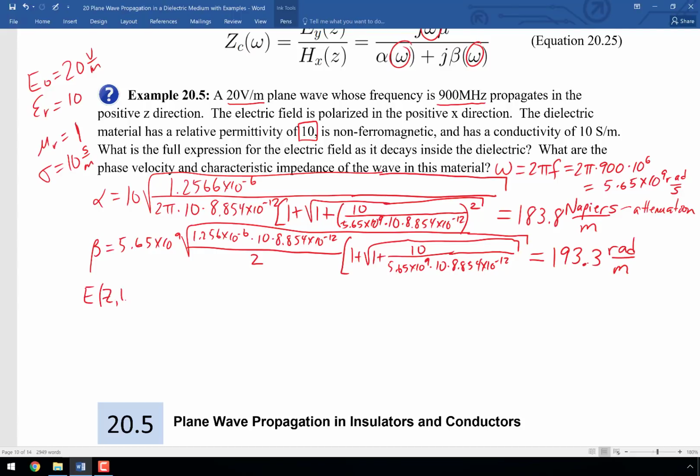E of z comma t is equal to, and the amplitude was 20 volts per meter, times the exponent e to the minus alpha times z.